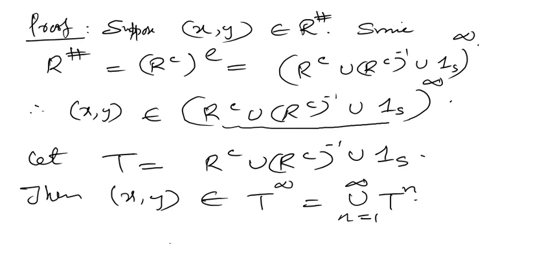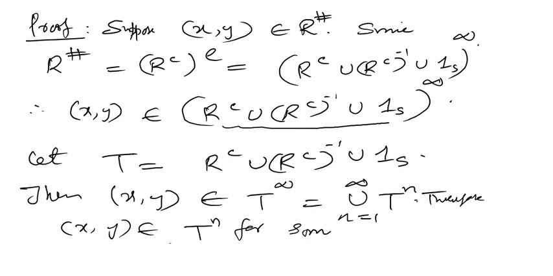These are in RC inverse. So therefore this pair xy is in T power n for some n greater or equal to 1.